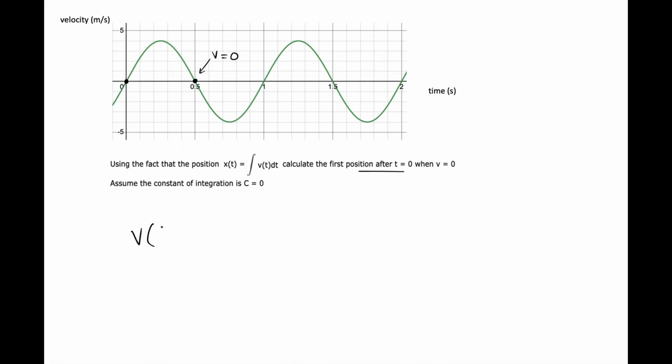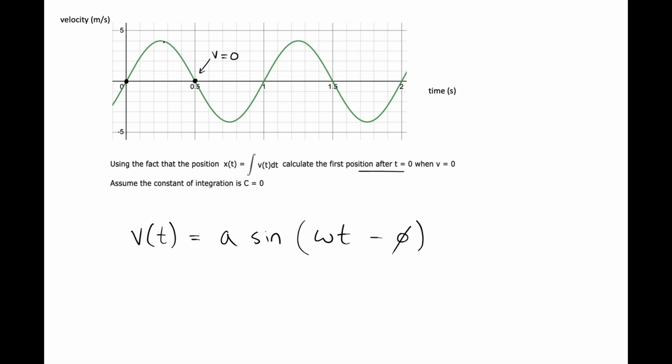So v of t is equal to an amplitude times sine of omega t minus a phase difference. But in this case, we see that the phase difference is 0 because sine normally starts at the origin. And this graph starts at the origin, so there's no phase difference.